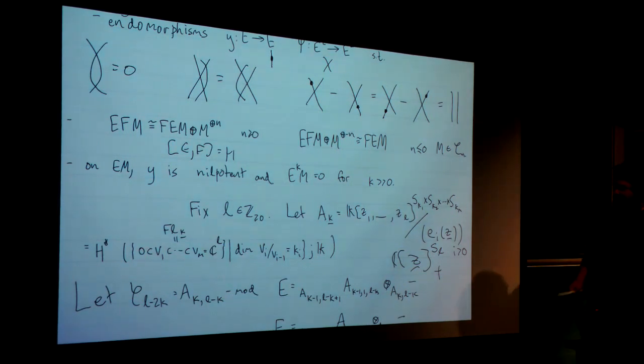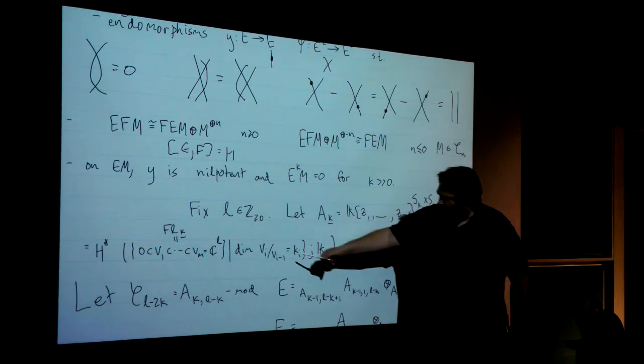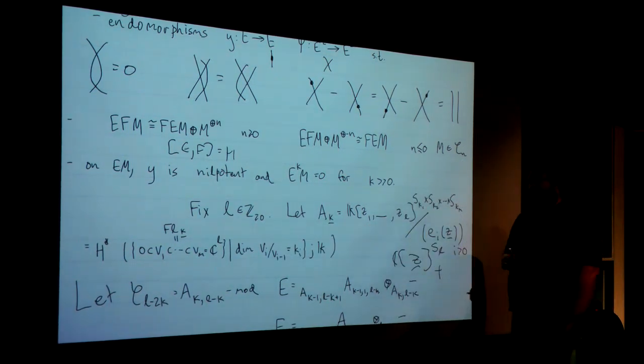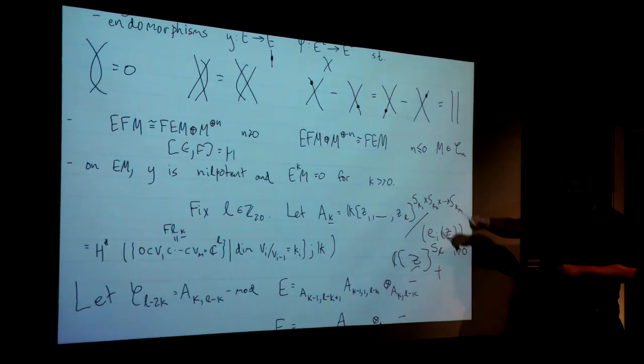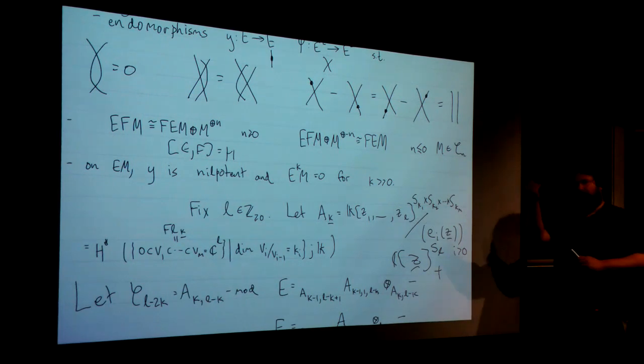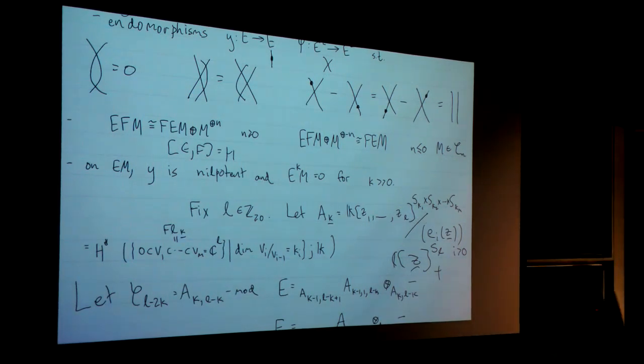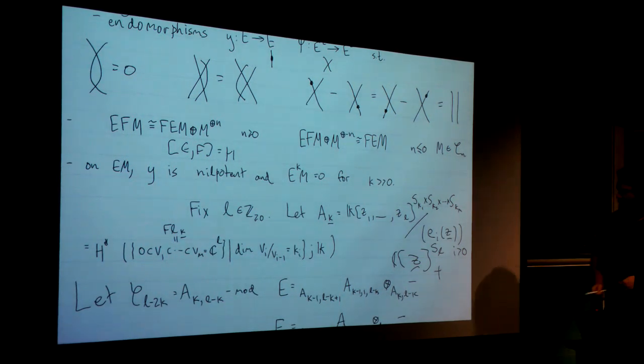So what's happening here is on this partial flag variety, I have a tautological vector bundle, V_i mod V_{i-1}, and the elementary symmetric polynomials in one of these smaller alphabets are the Chern classes of that vector bundle. And this relation is saying that if I take the whole vector space, that's a trivial vector bundle.